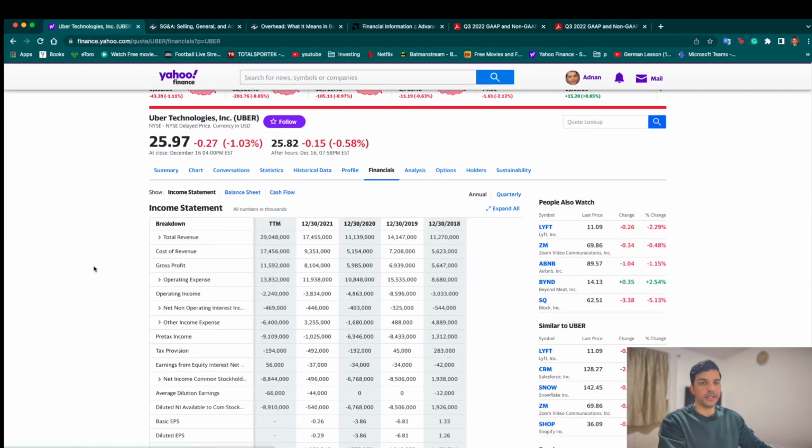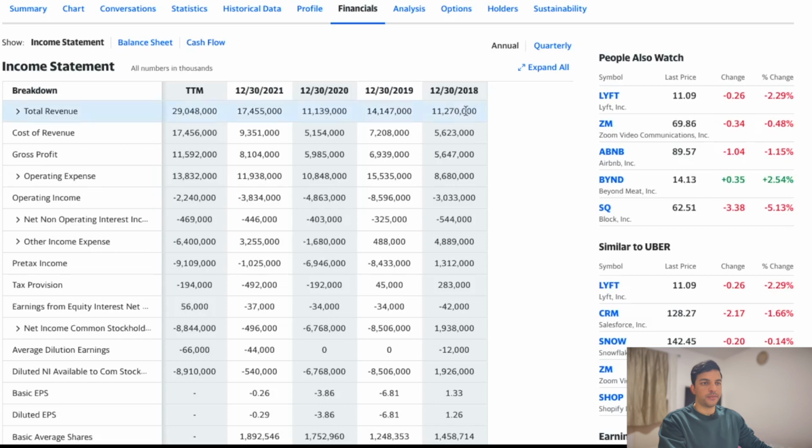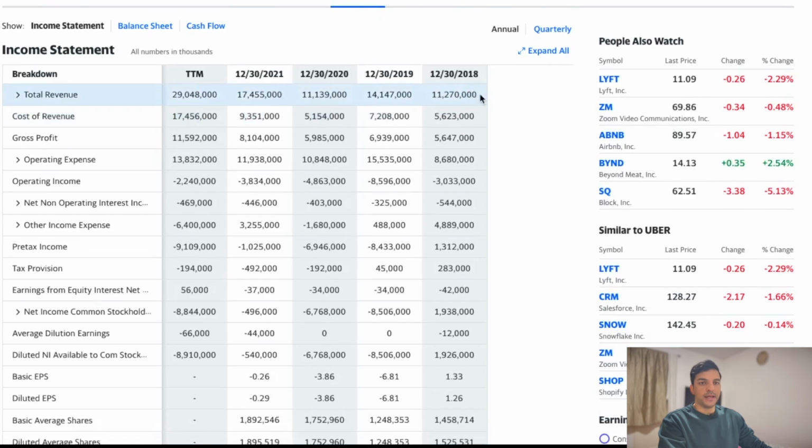If you go into the financial income statement, you would see that the total revenue of Uber is increasing from 2018 to 2019. Then there was a drop because of COVID. Then their revenue increased again.